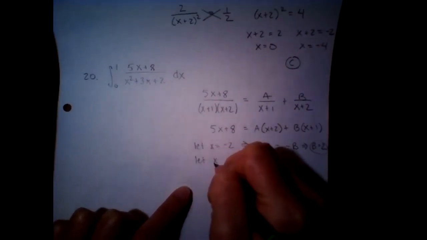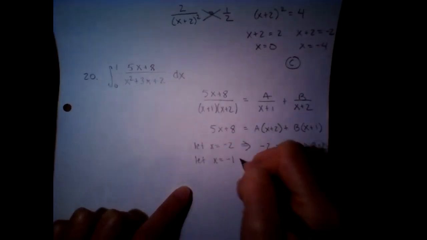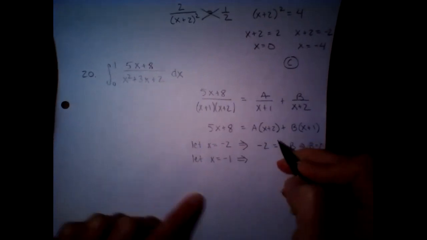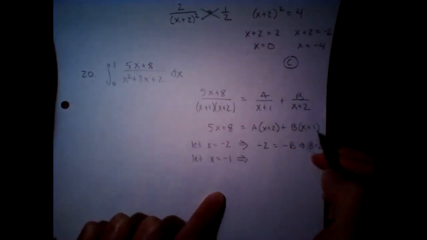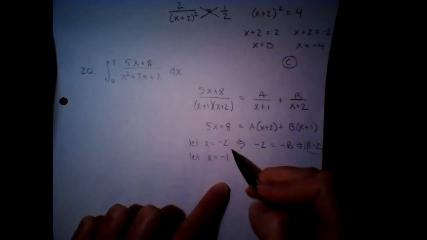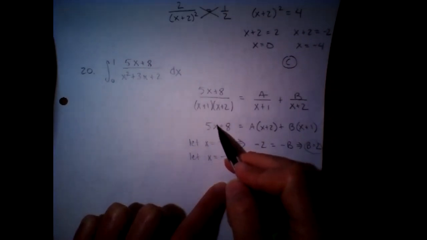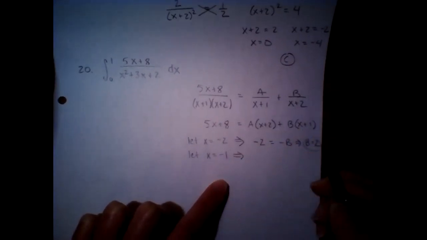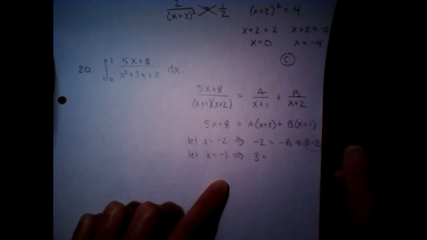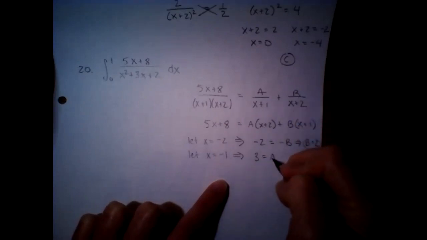And then we're going to let x equal negative 1 and see what happens. And I'm just picking the values that would make these 0 because that makes that part of it go away. So if x is negative 1, this is going to be negative 5 plus 8 would be 3. And this would be 1a. All right, so we get a is 3.